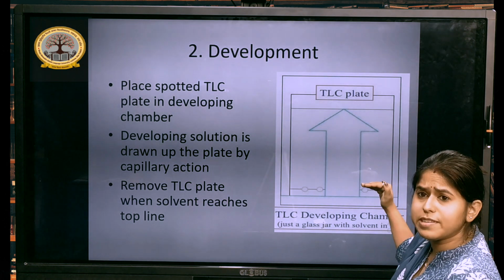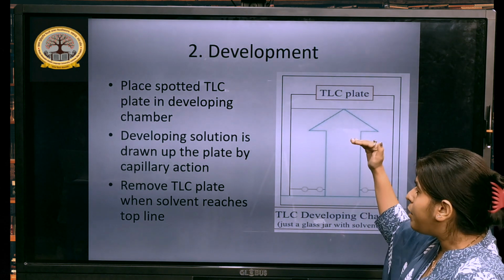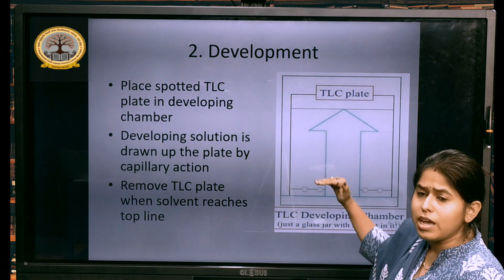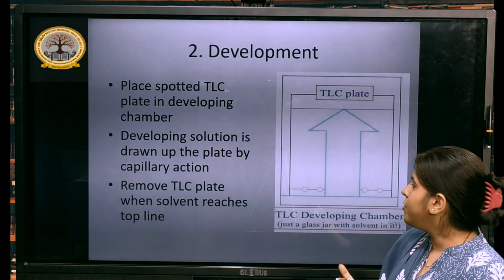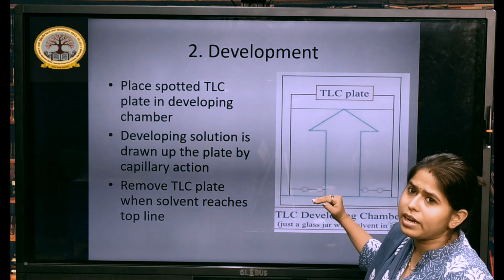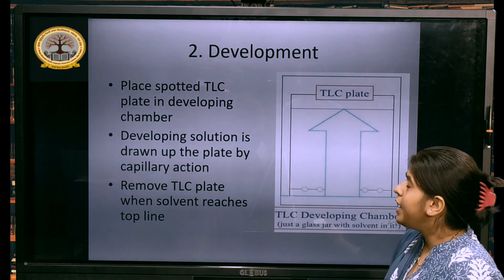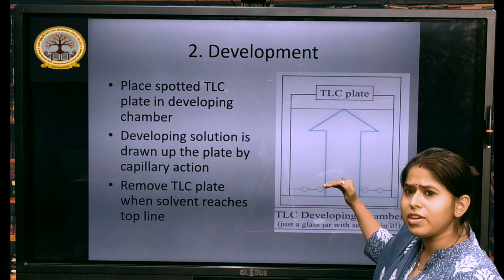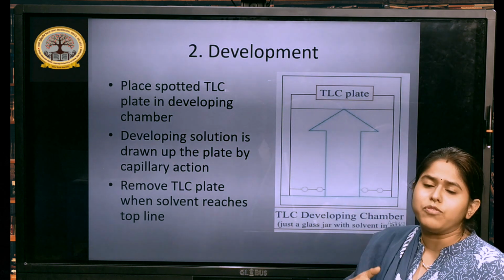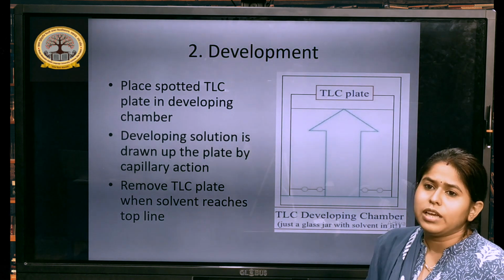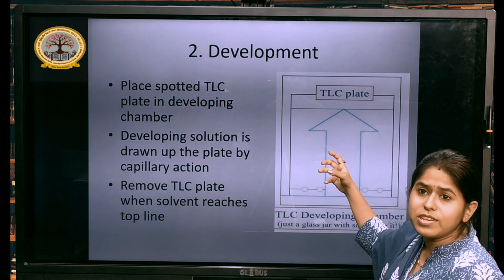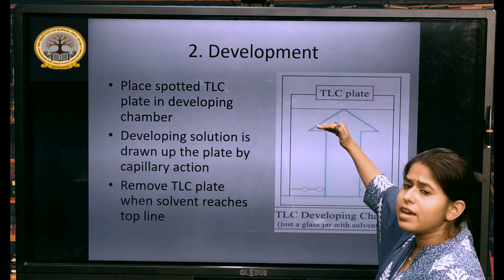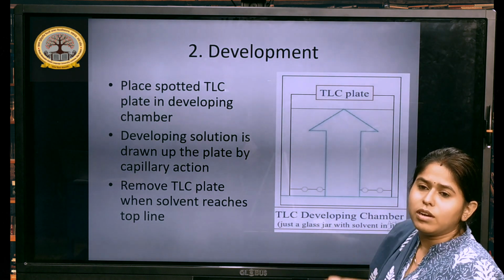We put the TLC plate in the chamber, cover it up, and allow the solvent to move in the upward direction. Along with the solvent, the sample we have spotted on it will also move upward, getting dissolved into the mobile phase. As it moves upwards, due to the affinity of the mobile phase and the stationary phase, we will get our components in different layers according to the affinities.